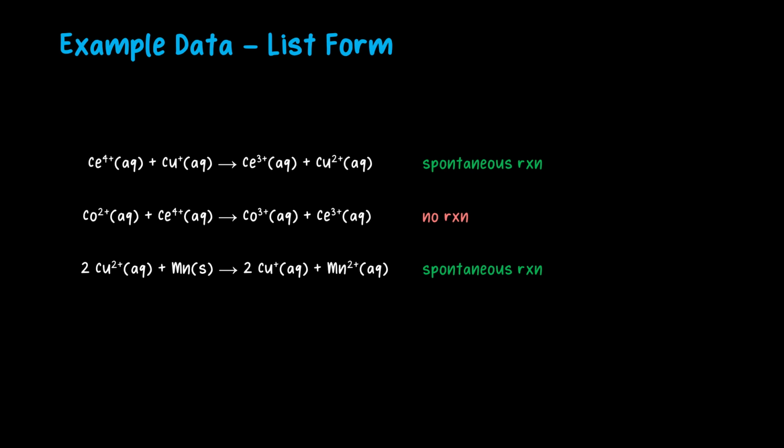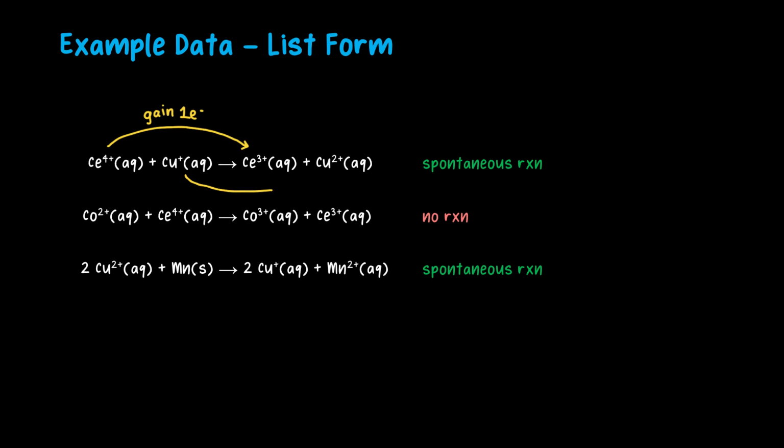So oxidizing agents will be gaining electrons. If we look at our first reaction, we have Ce4+ in our reactants and Ce3+ in our products. And so cerium here gained 1 electron. Copper goes from Cu+ to Cu2+.